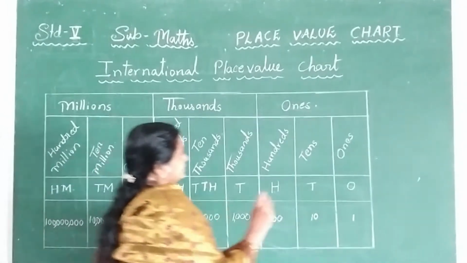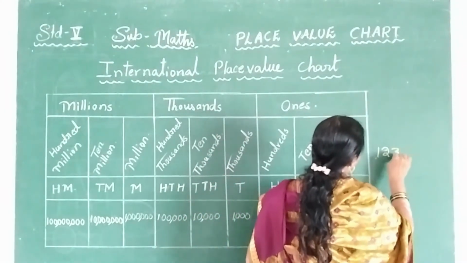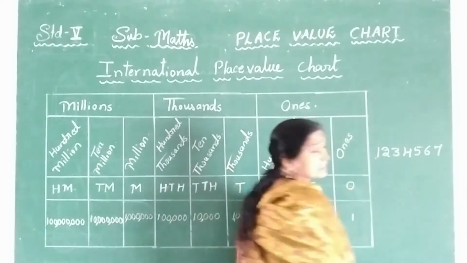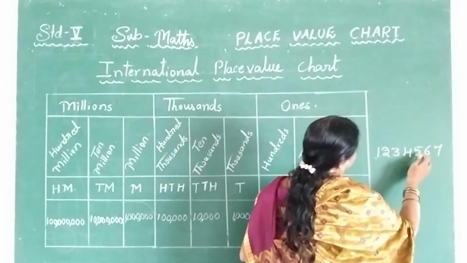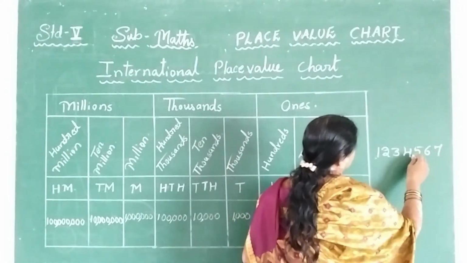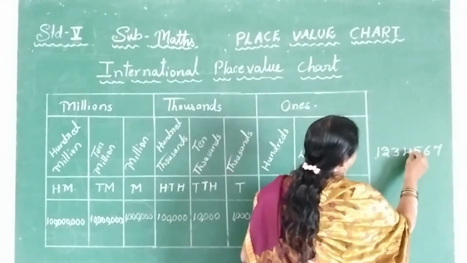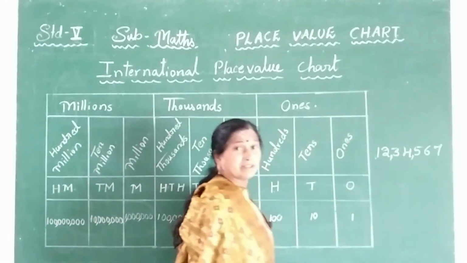For example, see here, 1, 2, 3. This is ones group. Put comma. In Indian system, 4, 3, 1, 2, 2 digits. Put comma.